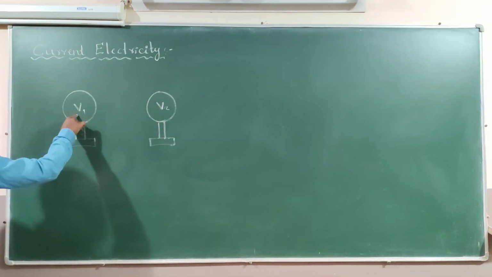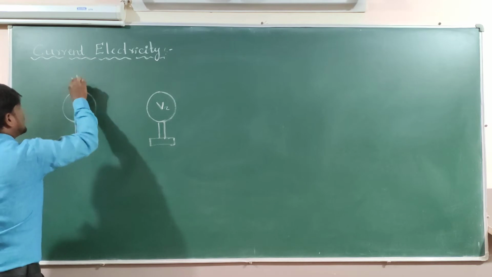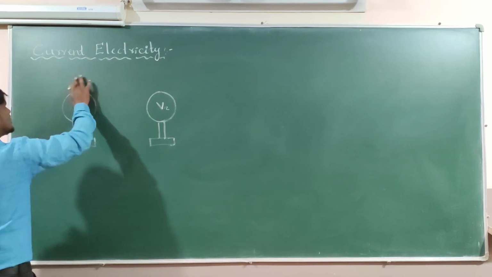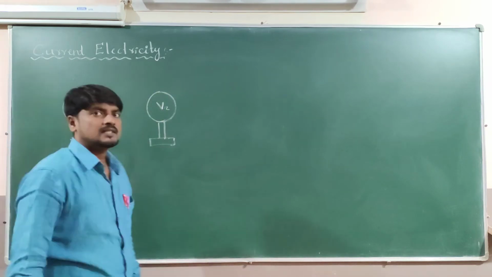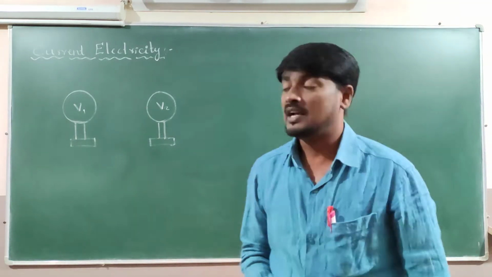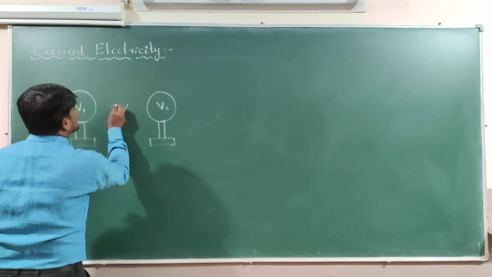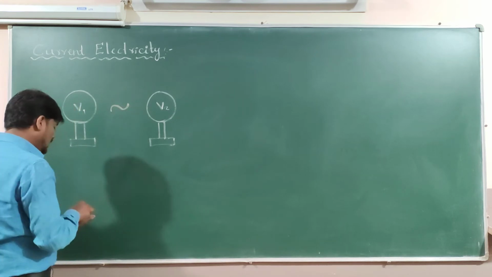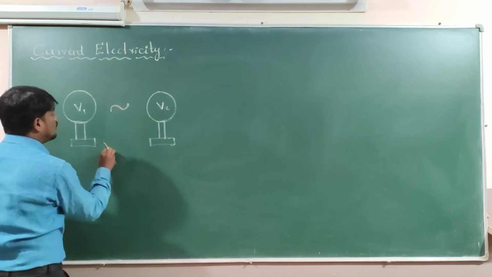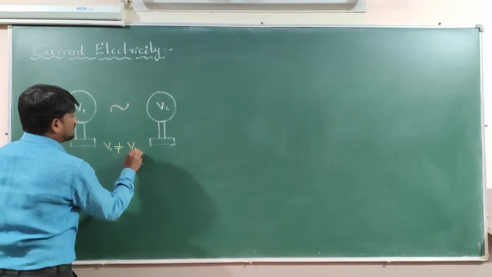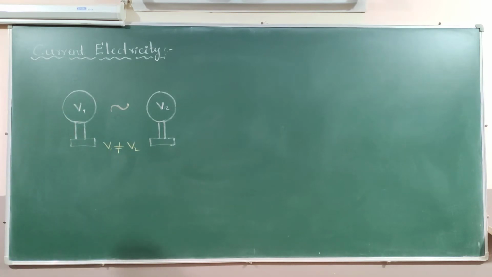Now V1 is charged with some potential, and V2 is charged with another potential. If these 2 metal spheres are charged, there must be a potential difference. That means V1 should not be equal to V2. Condition applied.